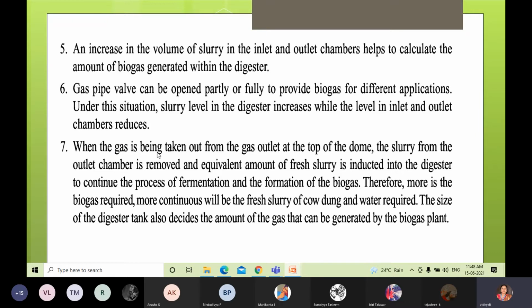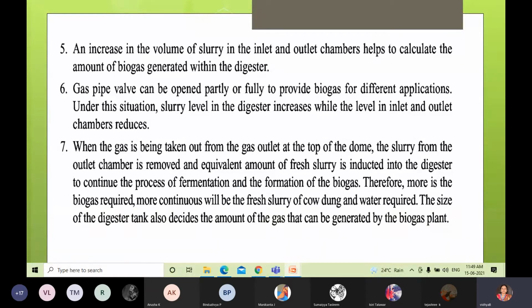When the gas is being taken out from the gas outlet at the top of the dome, the slurry from the outlet chamber is removed and an equivalent amount of fresh slurry is injected into the digester to continue the process of fermentation and the formation of biogas.